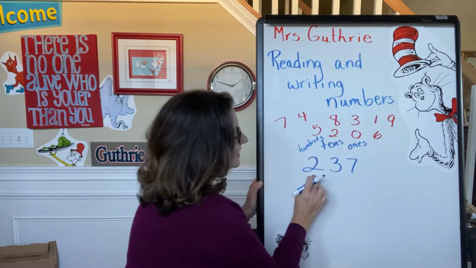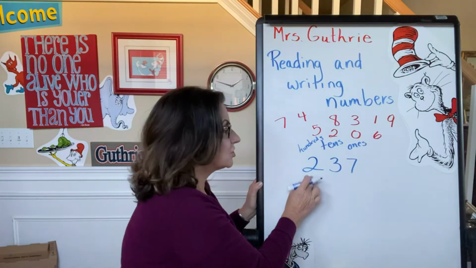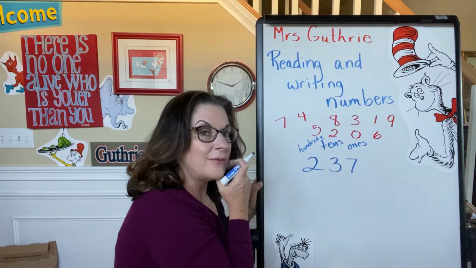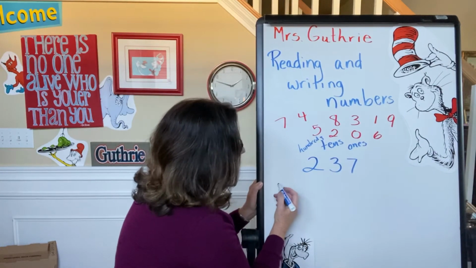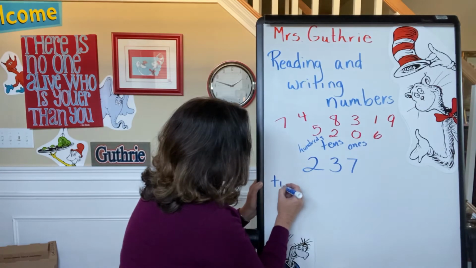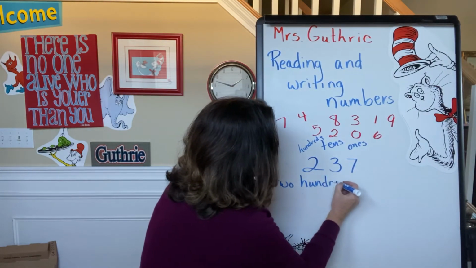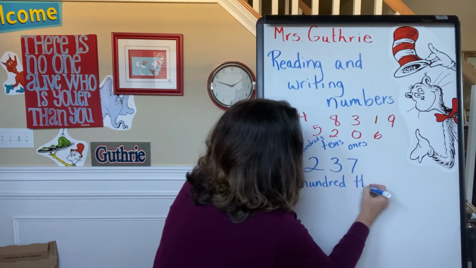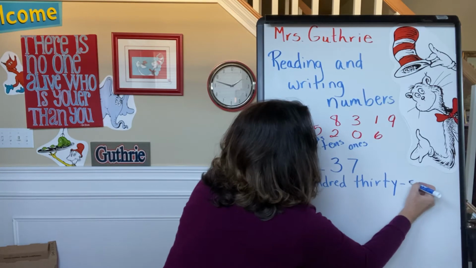That means that this digit has a value in the hundreds, 2 hundreds. So if I were going to write this number, I could say two hundred thirty, and here I put my hyphen, seven.